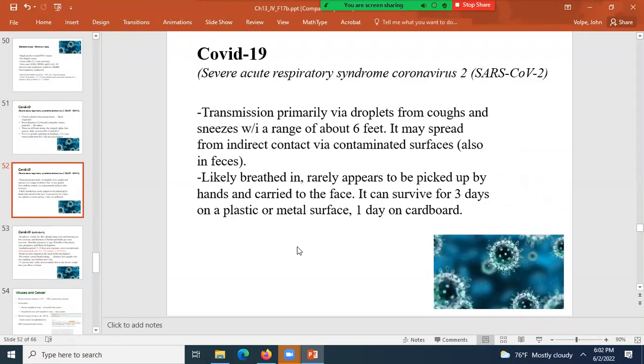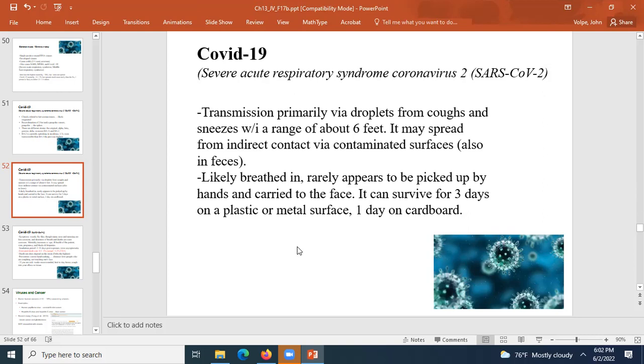All right. The transmission of COVID-19 is primarily via droplets from coughs and sneezes within a range of about 6 feet, but you can spread it simply by breathing. It is known that singing tends to spread COVID-19. So don't sing around other people, especially if you're sick.